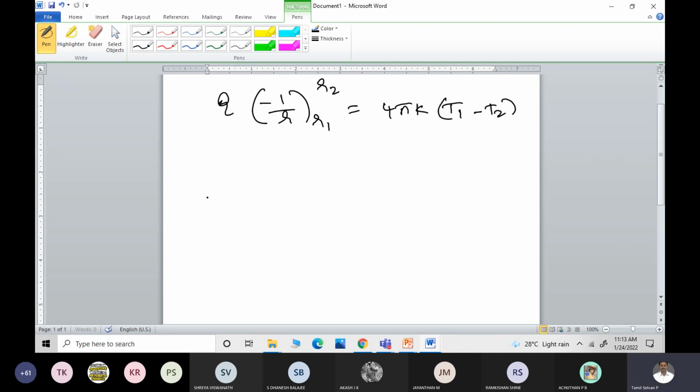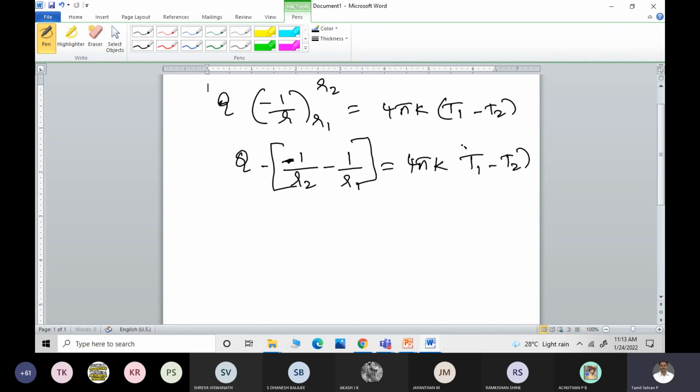Correct, sir. So Q into minus, taking this minus sign outside, 1 by r2 minus 1 by r1, equals 4 pi k into T1 minus T2.